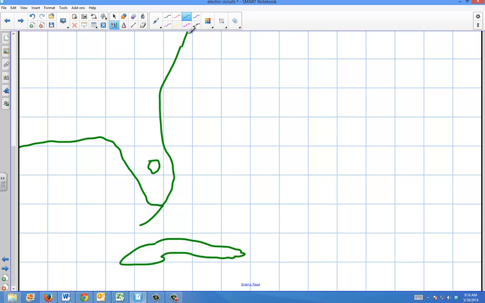Basically, if a storm's coming like this, and let's say it's moving to the West Palm Beach area, the storm's going to have a speed that it moves with. So let's say the storm has a relative speed moving in this direction, and it's moving pretty fast, at 20 miles per hour.